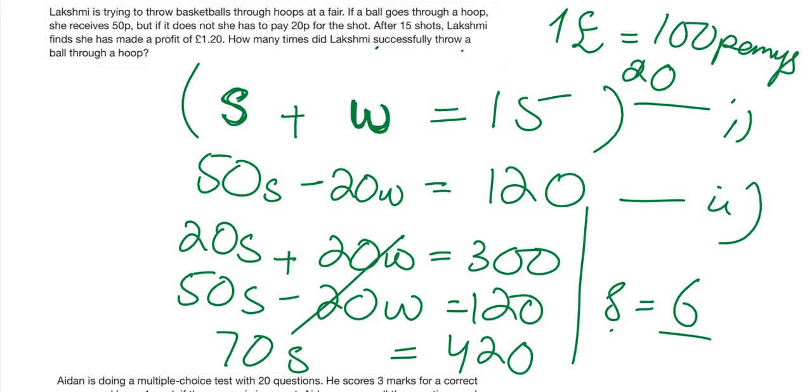Okay, now you got the number of times she successfully threw the ball through the hoop. So 15 minus 6 will give you the number of throws that did not go through the hoop.